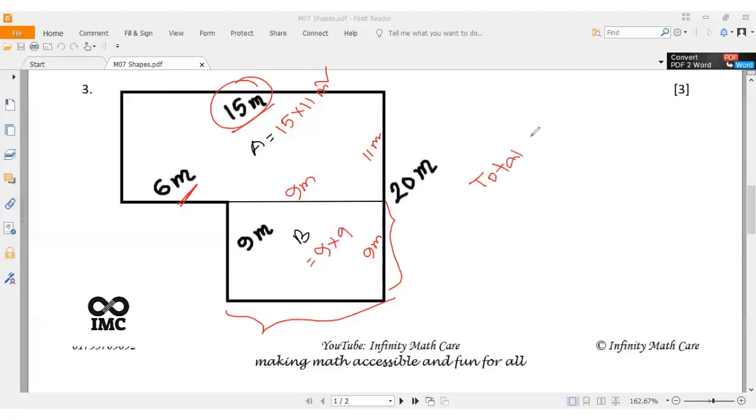So total area will be area of A plus area of B. So 15 multiplied by 11 plus 9 multiplied by 9. 15 multiplied by 11 will be 165. 9 9s are 81. We have 246 meters square. And that is the solution of question number 3.